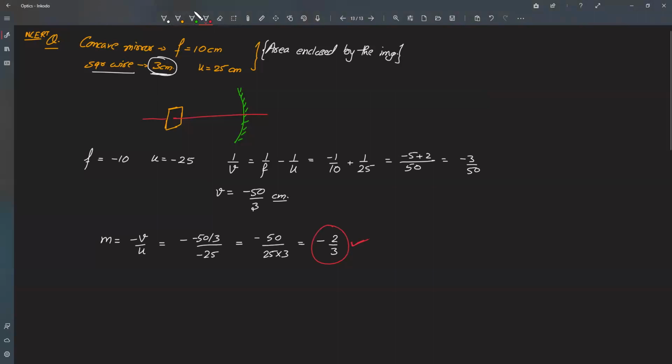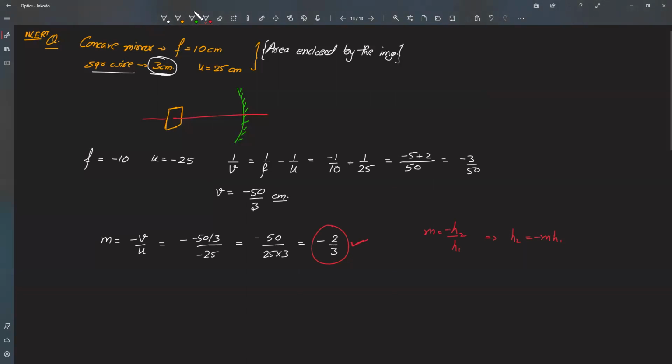What does that mean? We know that magnification is h2 by h1, that is height of the image divided by height of the object. That means h2 is equal to m into h1. There is a negative sign, but if you want to, you can include that negative sign as well.